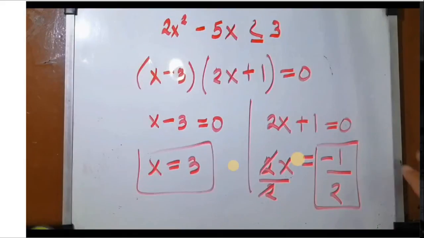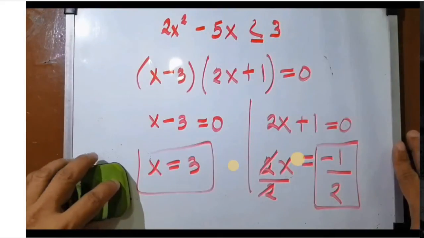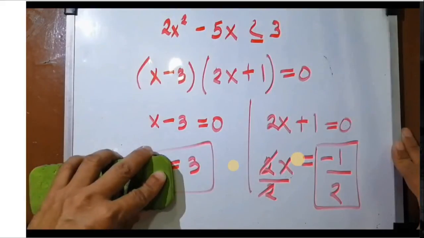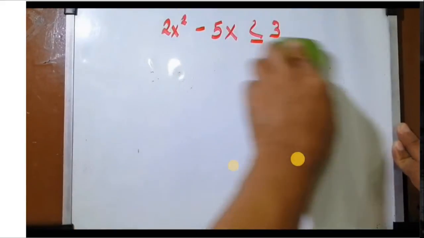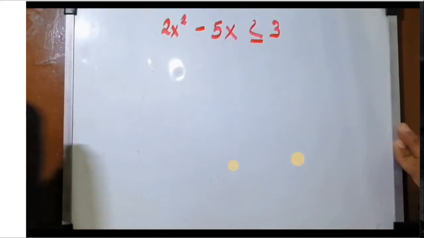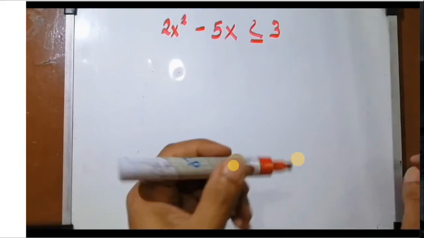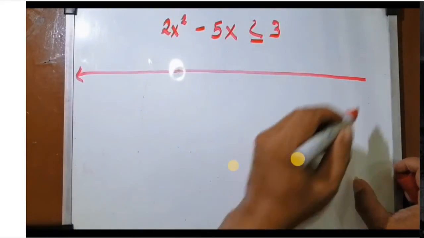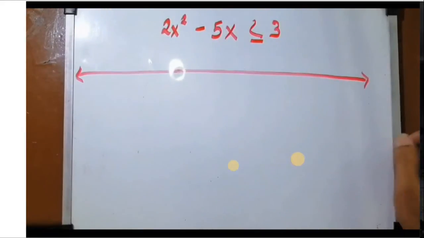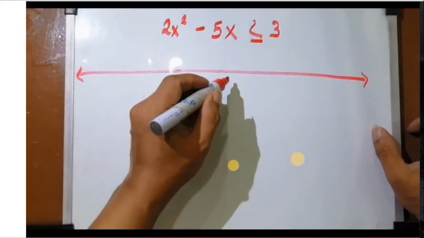Okay? So, ang gagawin natin, ipa-plot natin yung 3 and negative 1/2 sa number line. Okay? So, gawa tayo number line. We have positive 3 and negative 1/2.